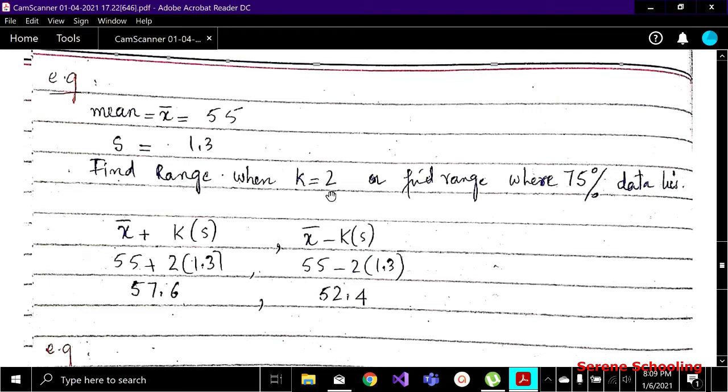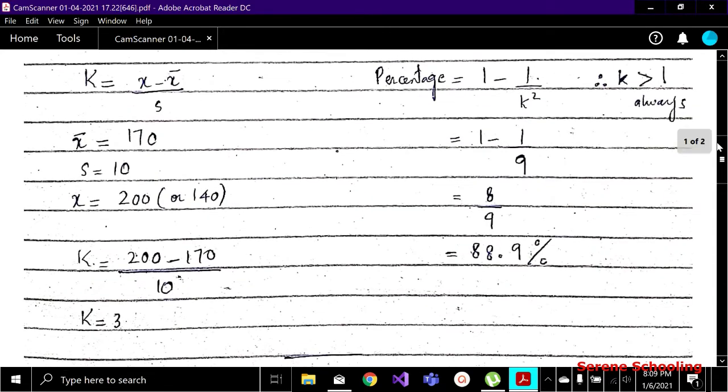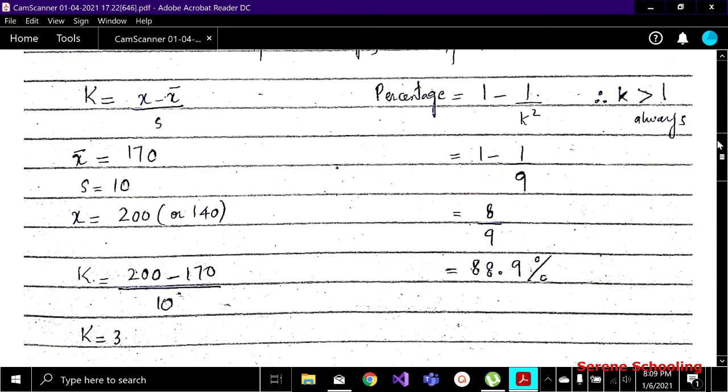Here you can see, if you skip this one part for a while, we are given k equals 2 and not the percentage, right? Because we know from the above formula that if we are not given the percentage directly in the range question, then you have to know these two formulas already: that if we are given k and not percentage, we can find the percentage after putting k over here.